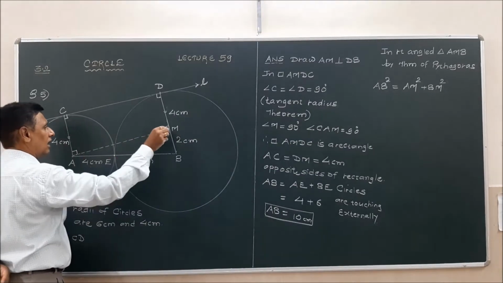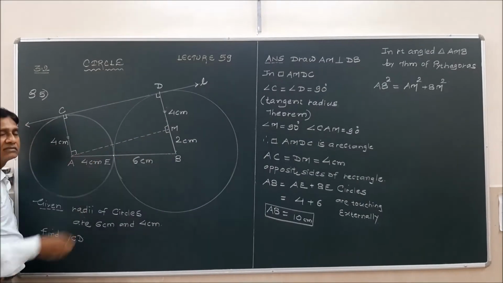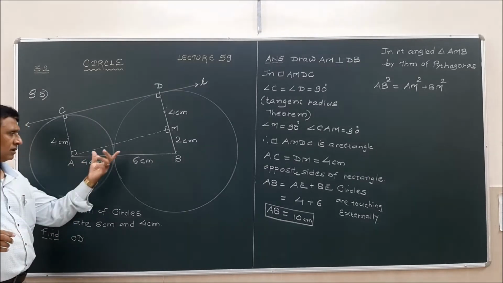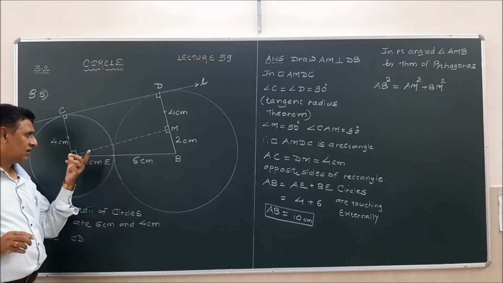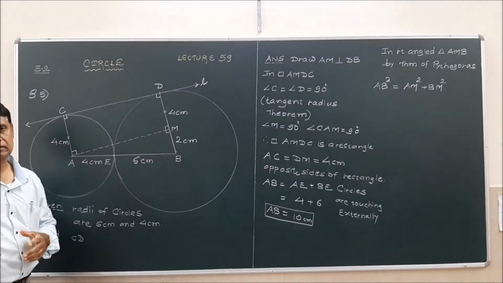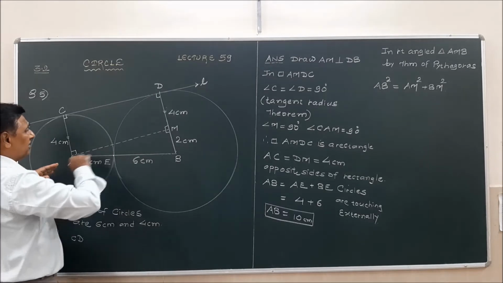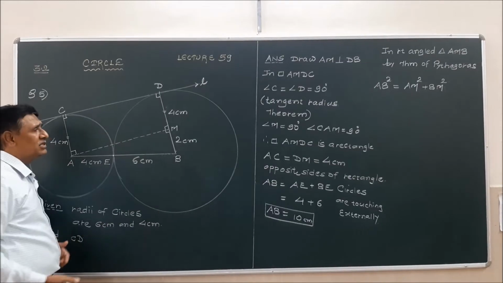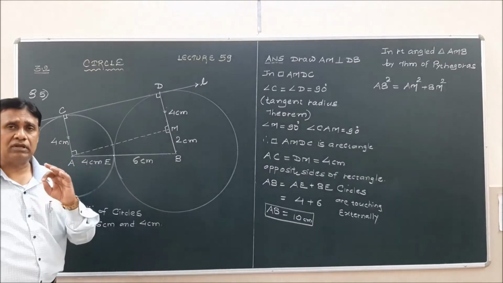Please try to understand that AB is the hypotenuse because it is opposite to 90. Many students think of the shape of this triangle and presume that AM is the hypotenuse, which is absolutely wrong.